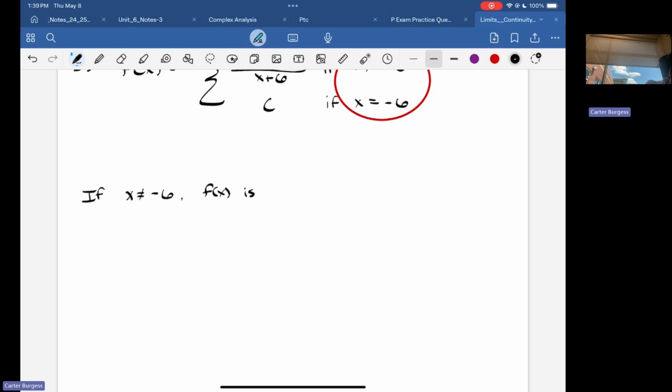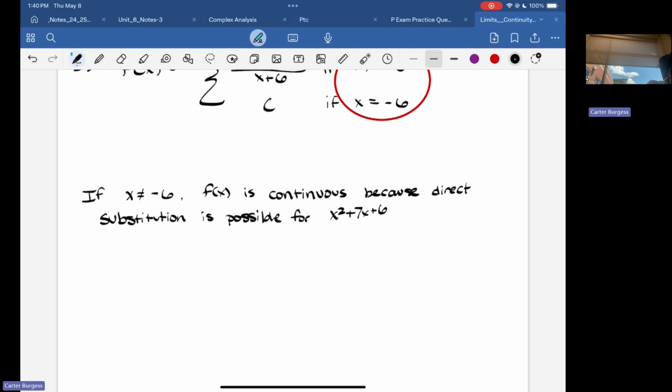Since I'm talking about everywhere else, we are good to say that f of x is continuous because direct substitution is possible for x squared plus 7x plus 6 over x plus 6 if x is not negative 6, for all x's.